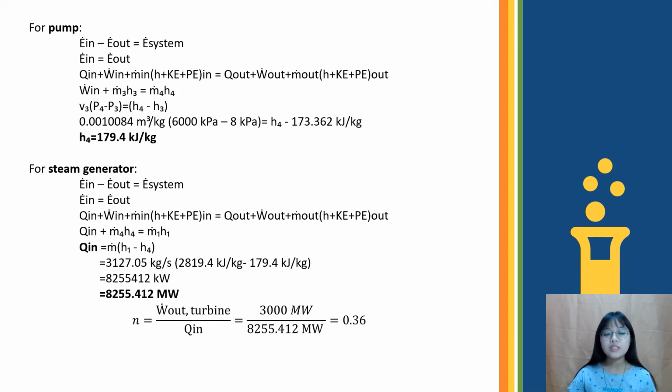For the pump, we substitute this value into this equation and we will get the value for H4. For the steam generator, we substitute the value into this equation and we will get Qin equal to 8255.412 kilowatts. And we can calculate the value of eta, which is equal to 0.36.